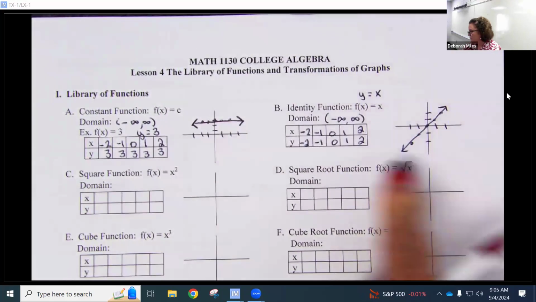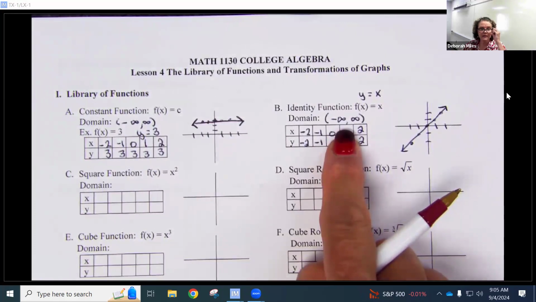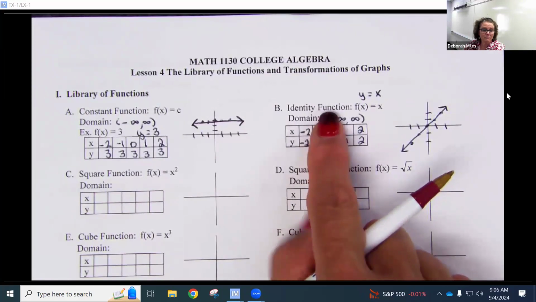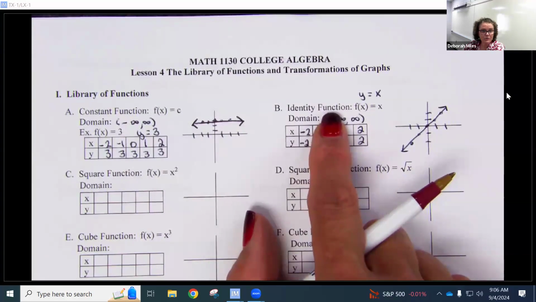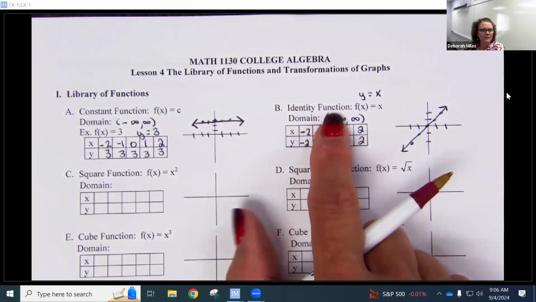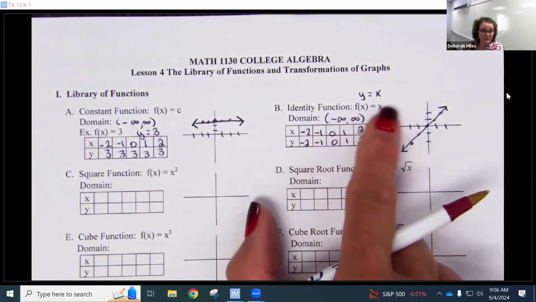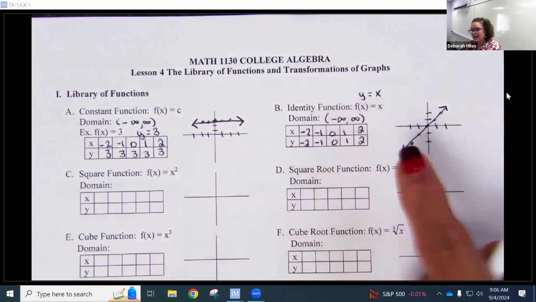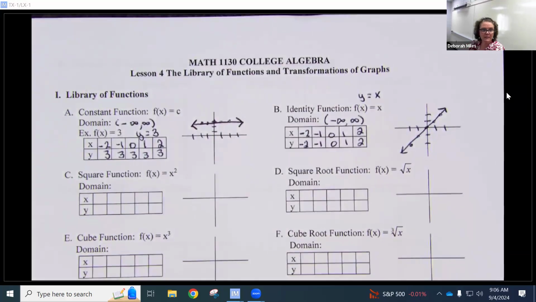Put your arrows on there because the domain is negative infinity to infinity. The identity function, we're also going to call a linear function when we get to section 2.3. Actually, we've already used the word linear in section 1.1. We said a first degree function, y equals x to the first, is a linear function, and the graph of a linear function is a line.